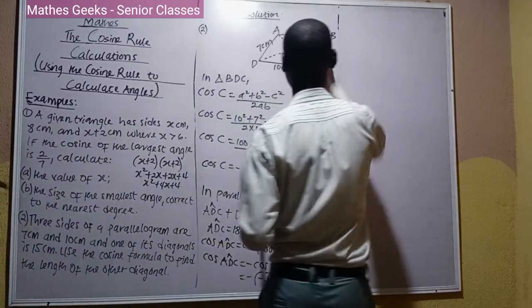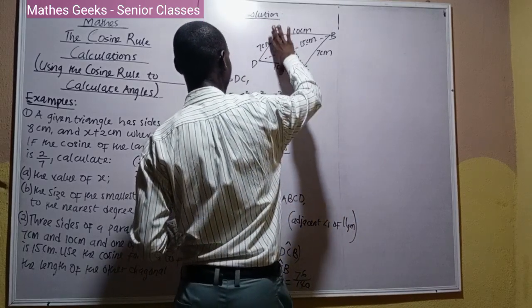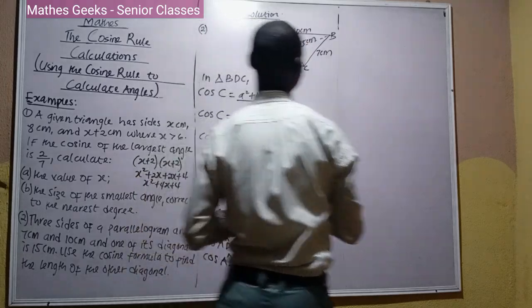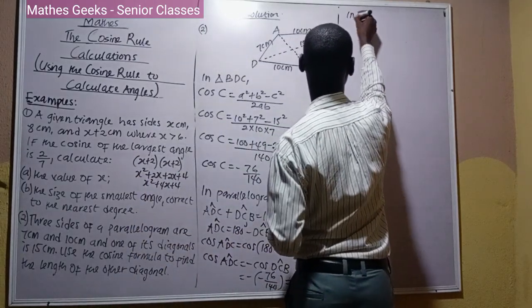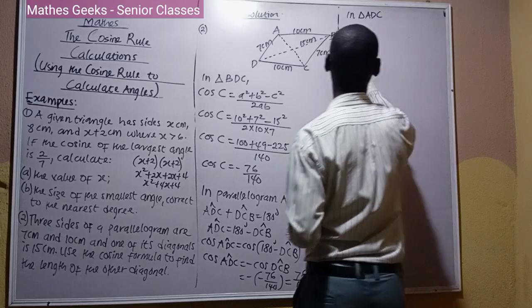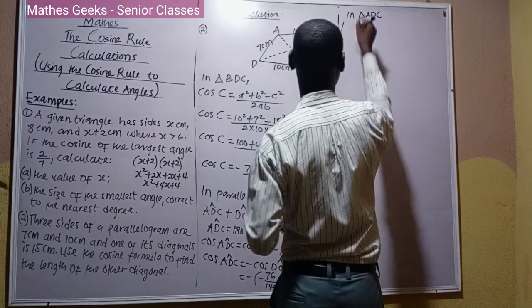So let's proceed now. We know this angle, so two sides of this angle are given, and we need to find this diagonal, which is the third side. So using the cosine rule in triangle ADC, what we are looking for is AC, which is the diagonal.